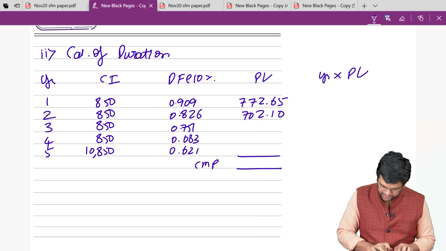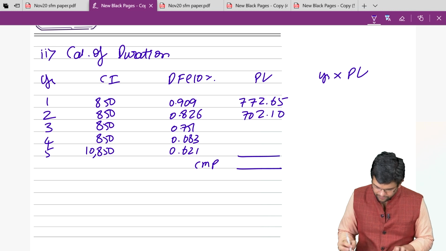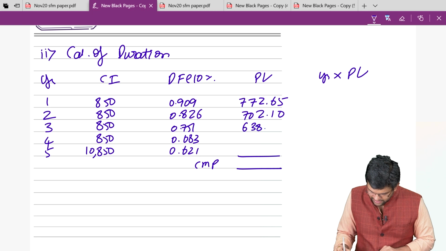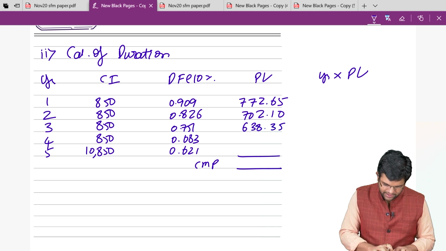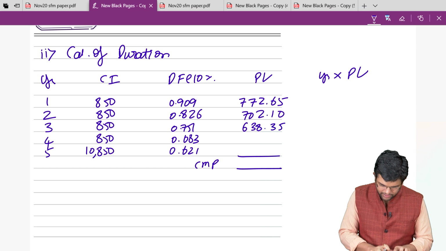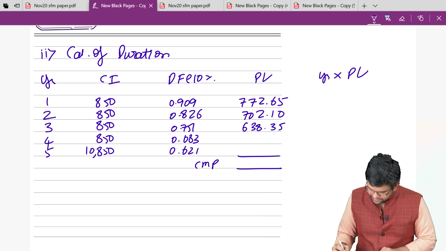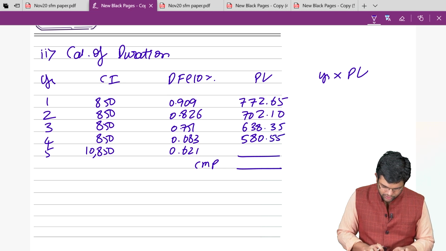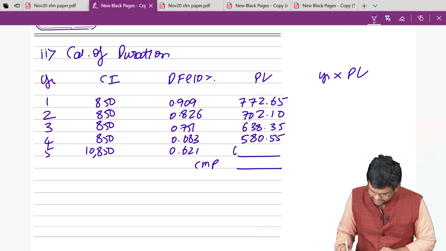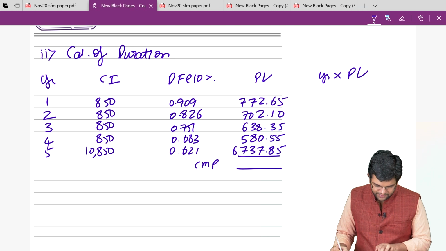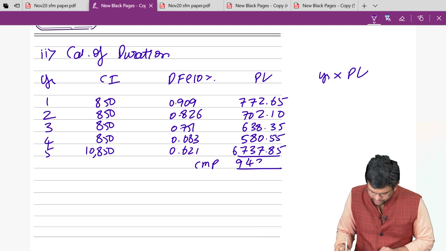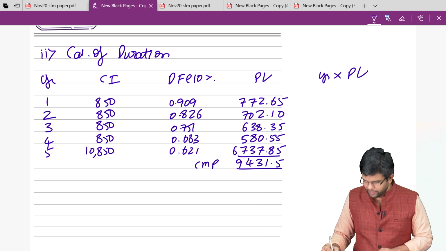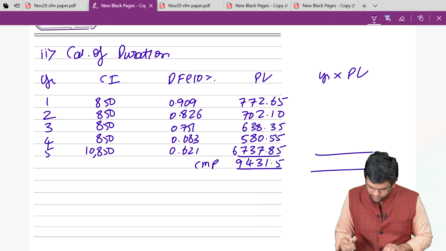Then 850 into 0.751, this is 638.35. Then 850 multiplied by 0.683, this is 580.55, and then 10,850 into 0.621, this is 6737.85, and then the total of course is 9431.5.